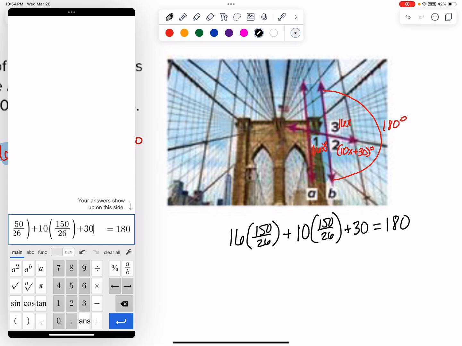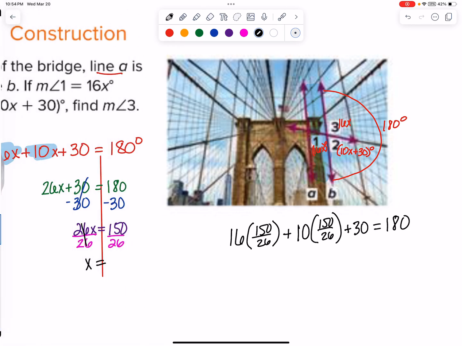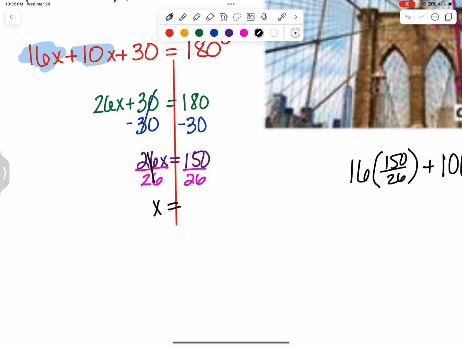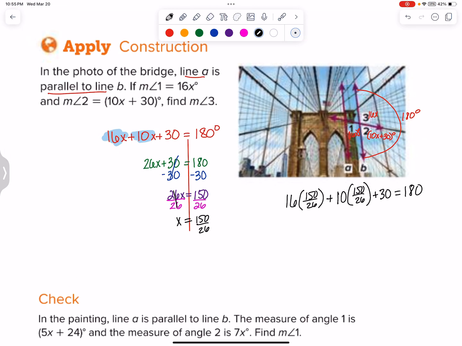Okay, equals 180 degrees. So that odd, annoying fraction supposedly is our answer. So x equals 150/26. Okay, so there we go, I guess. That seems really obnoxious and annoying, but it is what it is.